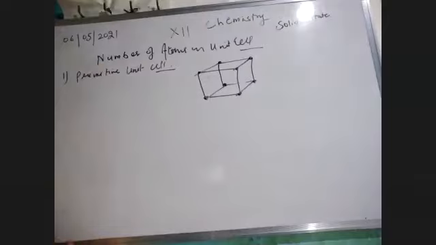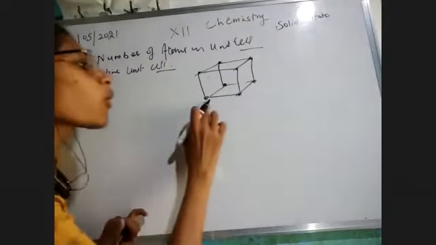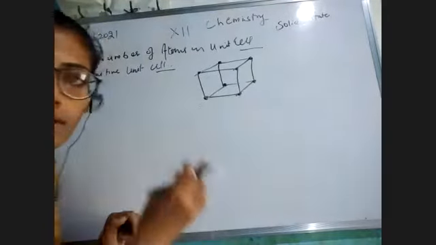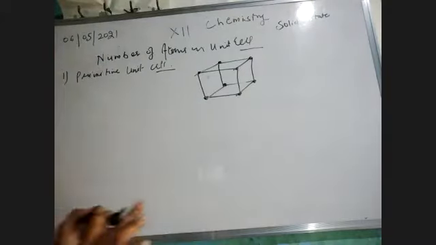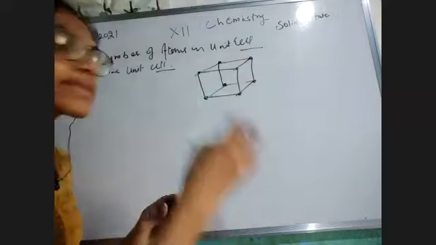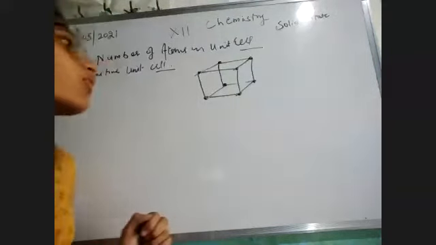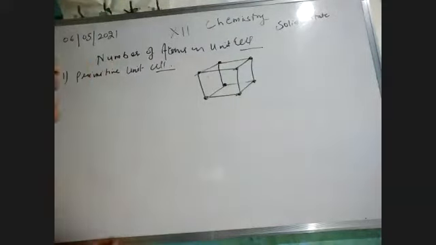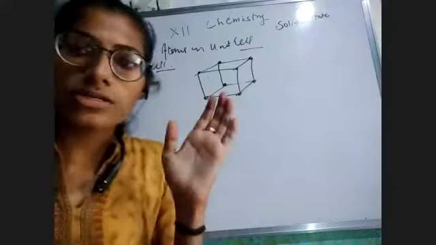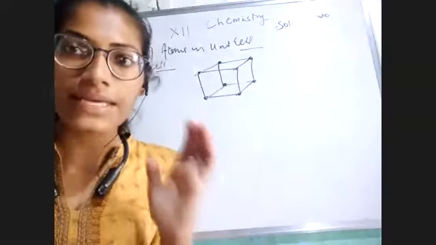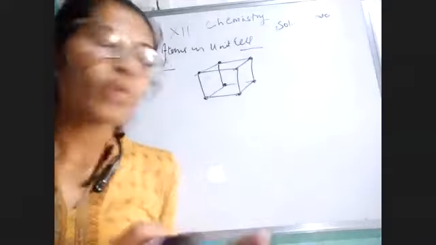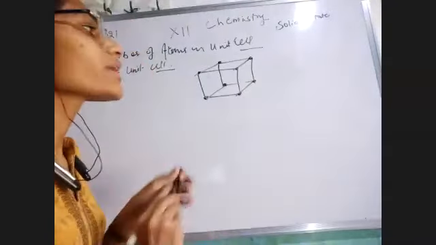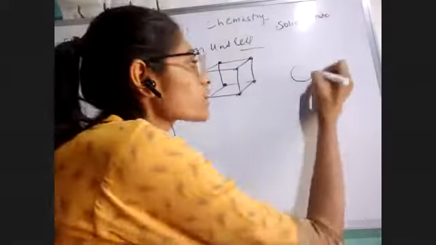In a simple unit cell, all the atoms are present only at the corners, not at any other position. In the whole of chemistry, not only in the solid state, we assume our atom to be a sphere.